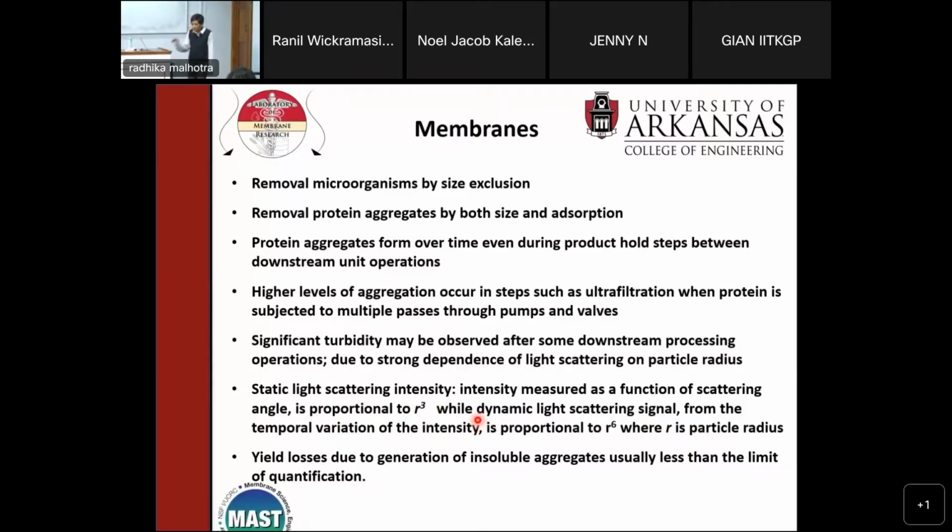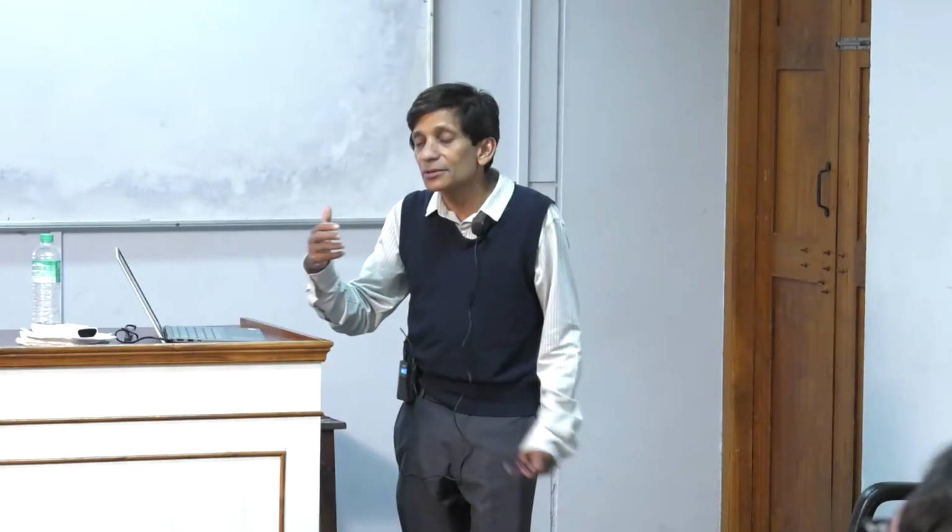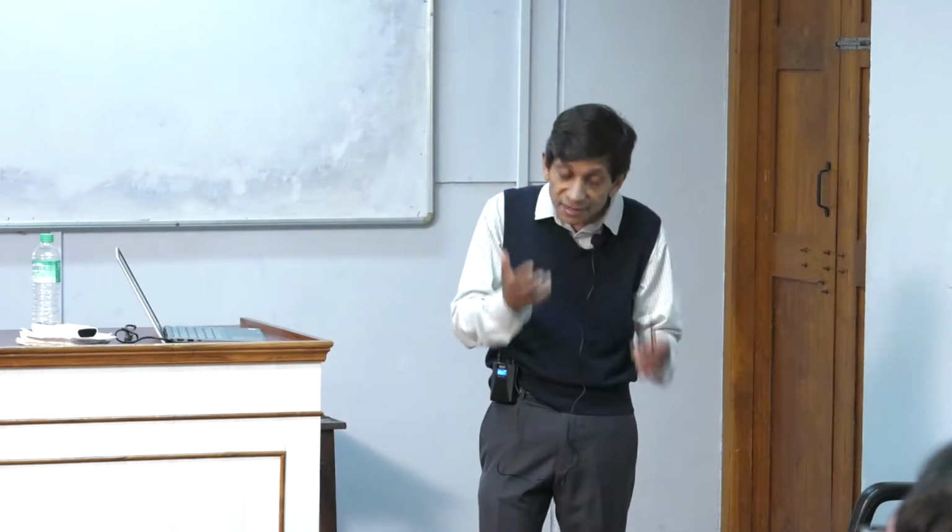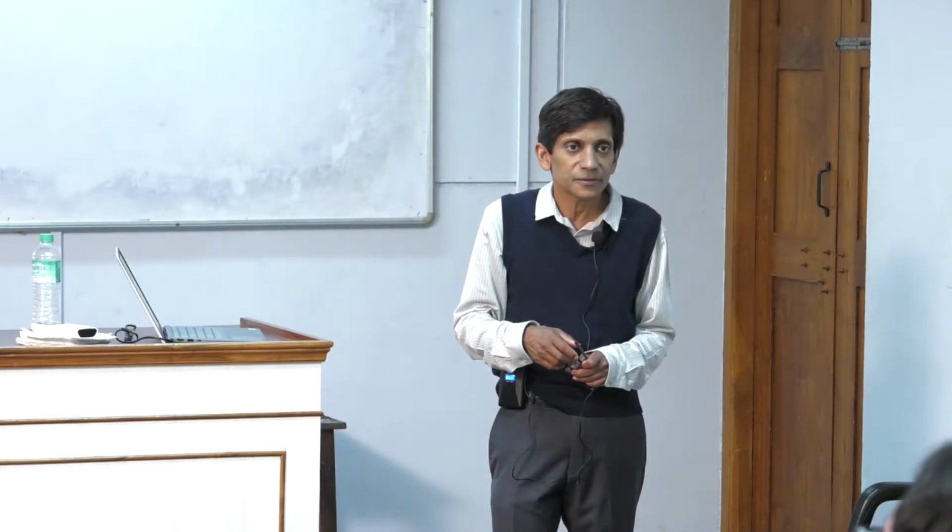All I'm trying to say here is that because it depends on r cubed and r to the 6th, turbidity measurements, sure, tell you you've got aggregates, but may lead to the idea that there are many more aggregates than you think, because it depends so strongly on radius, okay? So an increase in turbidity doesn't necessarily mean you're losing huge amounts of protein, but it does mean you have aggregates there that you need to remove, okay?